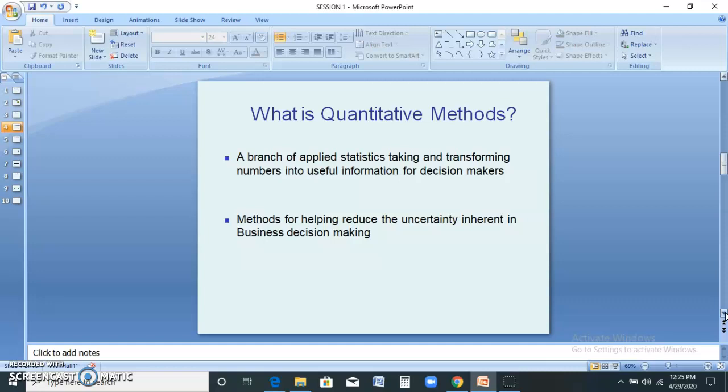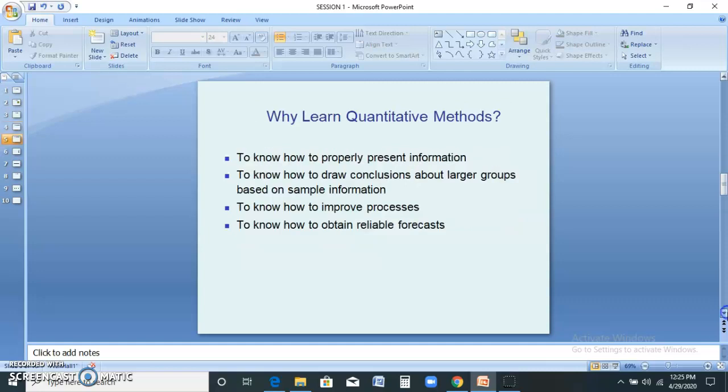With the help of this course, you will be able to learn how to reduce the uncertainty which is inherent in business decision making. So this course will teach you the right skills to use data for taking the right decisions.